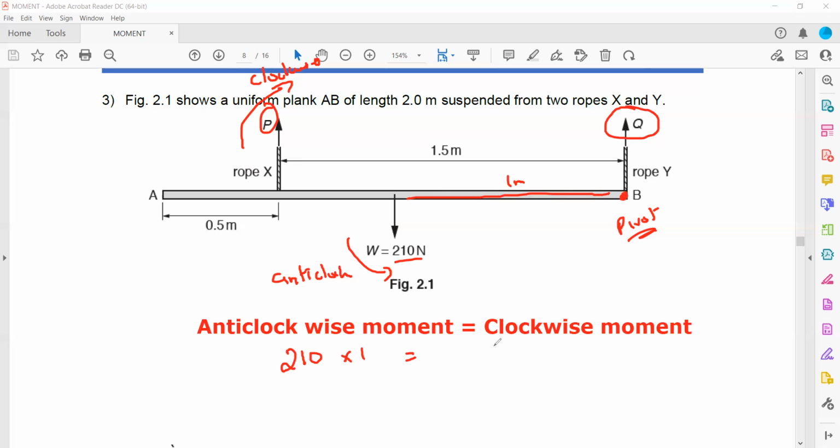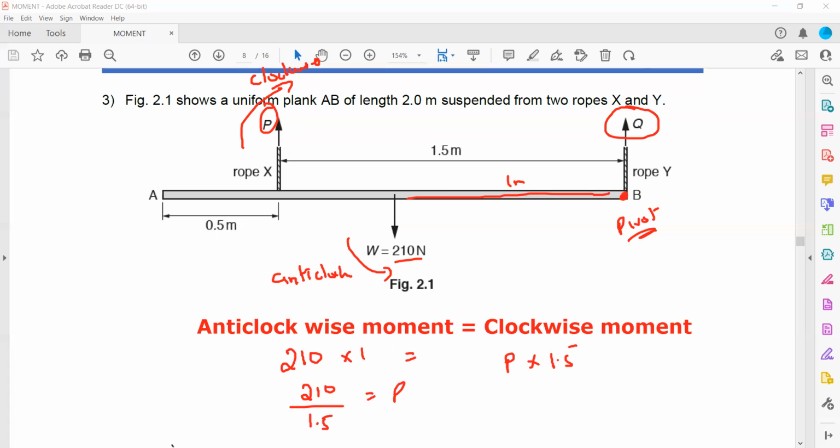And the clockwise moment, due to the force P, is P multiplied by the perpendicular distance from the point of rotation, 1.5. This 1.5 is multiplied on one side, so on the other side it is divided. So 210 divided by 1.5 will give us the value of P.